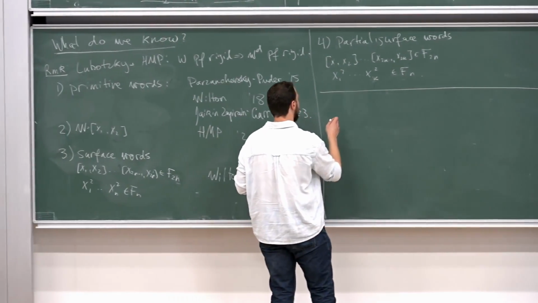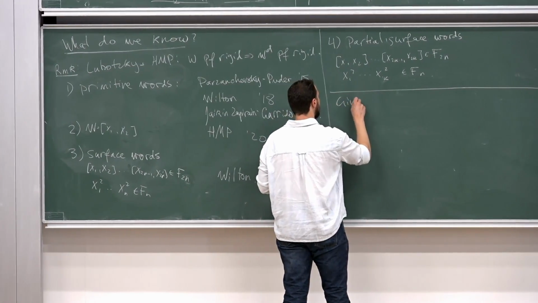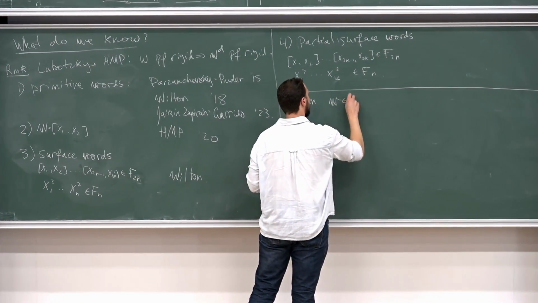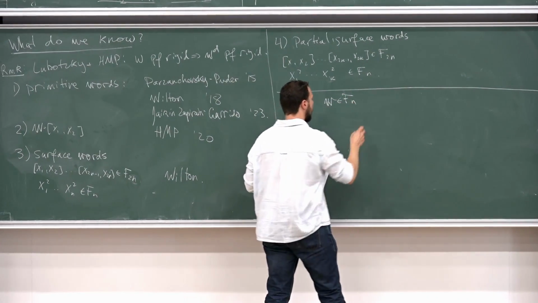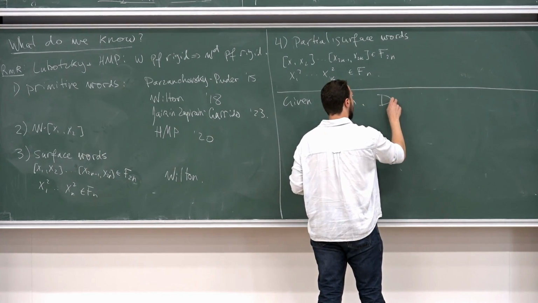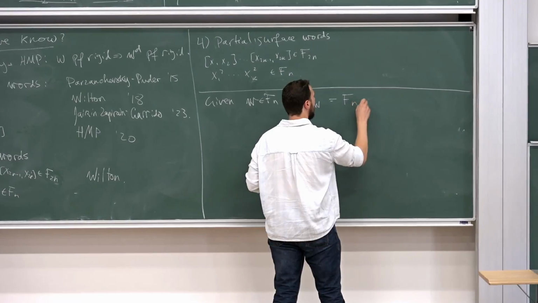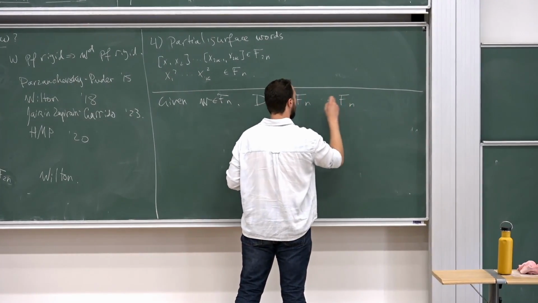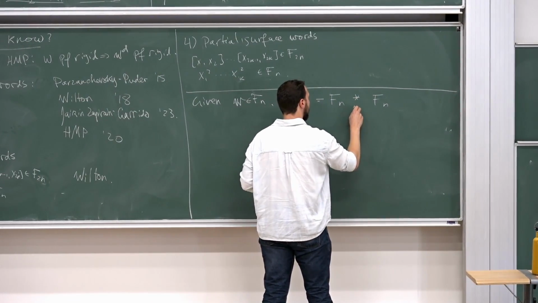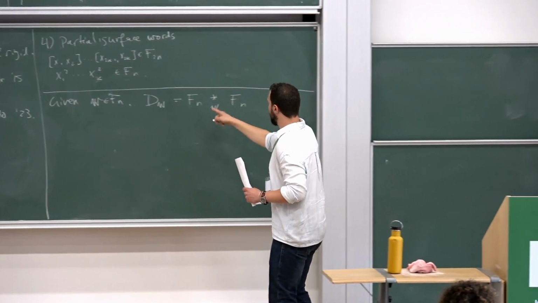And for this we observe the following. So given a word in a free group, we denote by DW the double over this word. And what I mean by that is we take two copies of the free group and we identify the copies of W in each side.